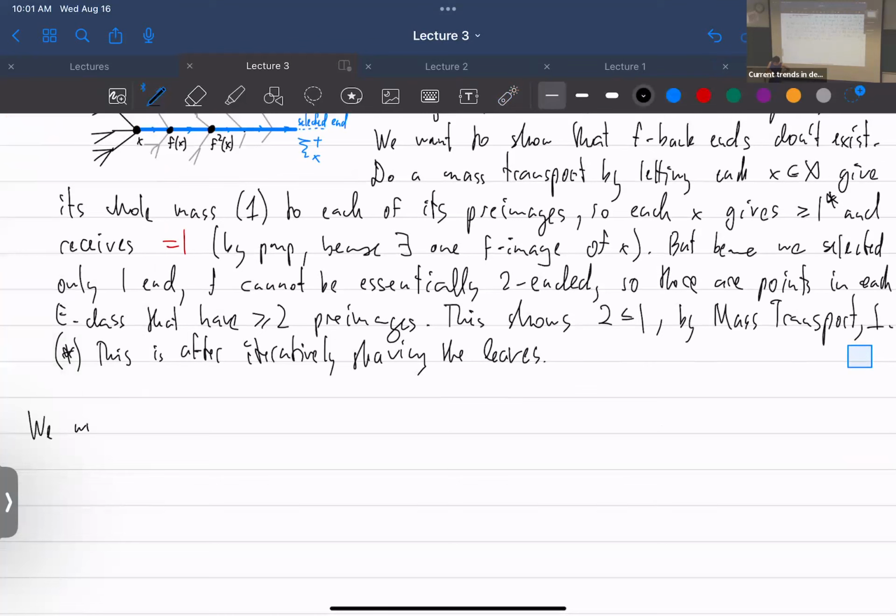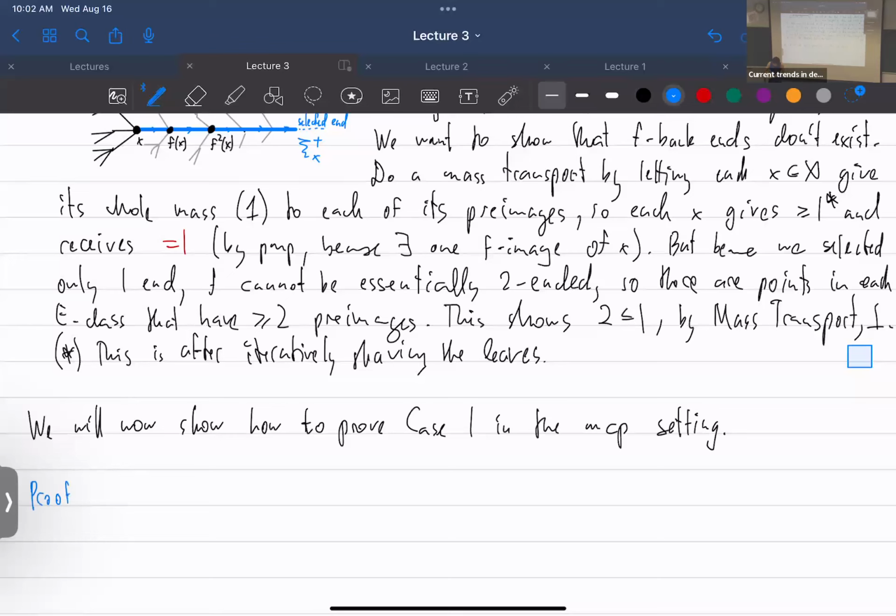We will now show how to prove case 1 in the measure class preserving setting, like the proof of MCP case 1.